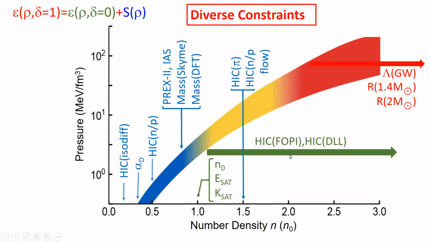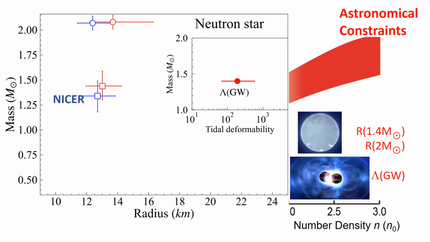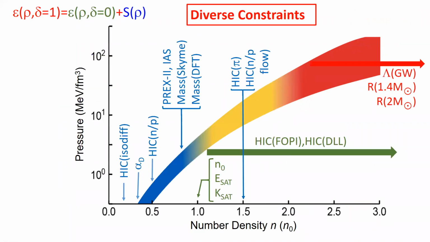So these are the observations that we have. The NICER result is mass versus radius, and the tidal deformability is this point for a 1.4 solar mass neutron star. So now we took care of this.